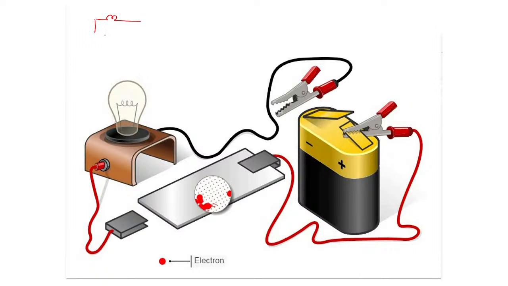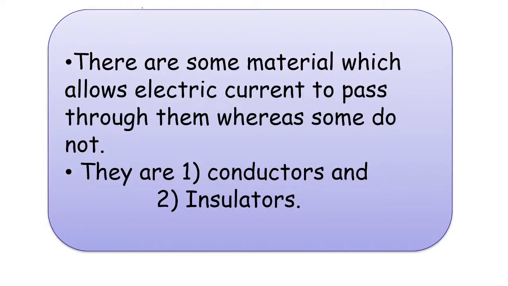Then you have a switch which is at the off position, and here you have the cell. So cell or a battery, bulb and switch. So that's how we draw the circuit diagram.